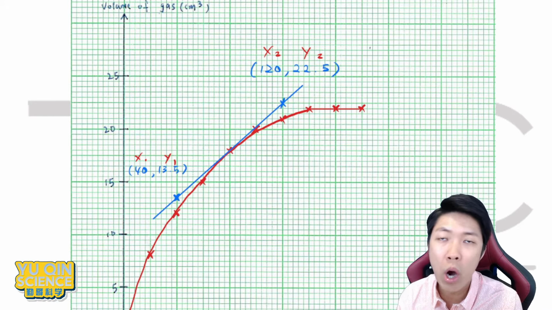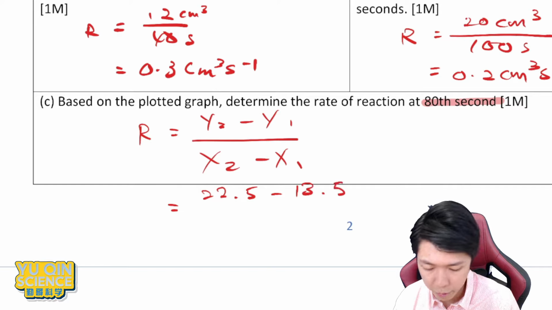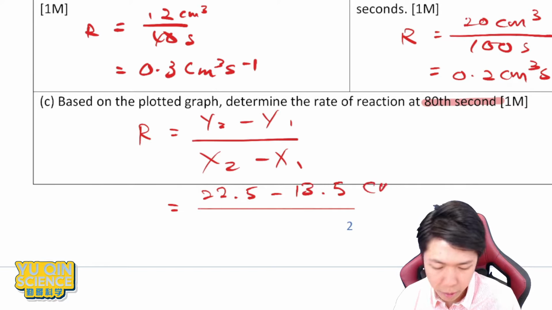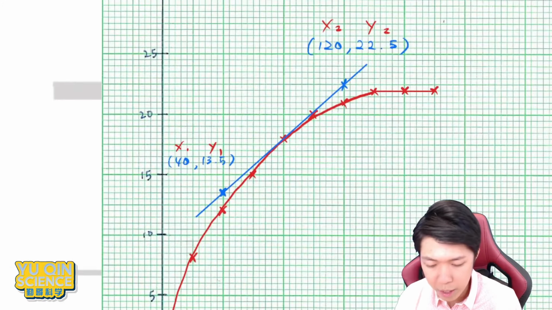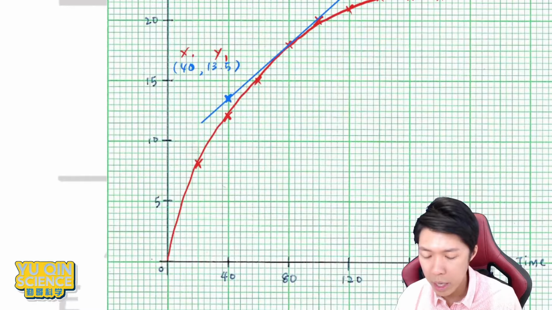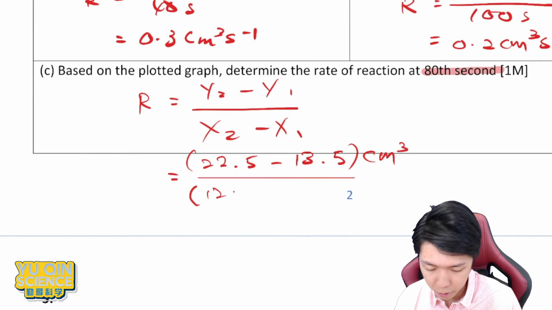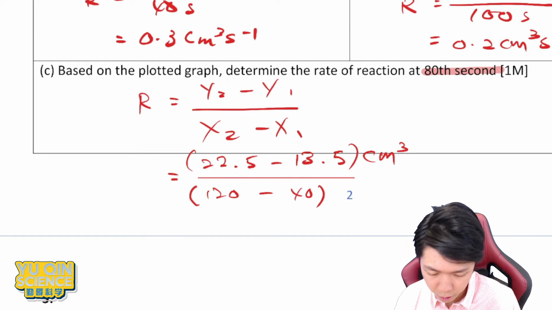Okay, so my y2 is 22.5, y1 is 13.5. 22.5 minus 13.5. By the way, that's my cm cube. Okay, over x2 minus x1, 120 minus 40. 120 minus 40.